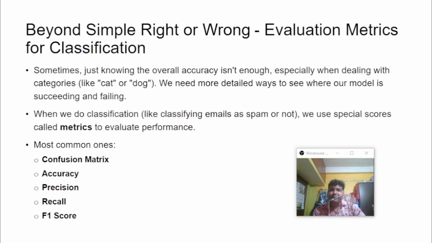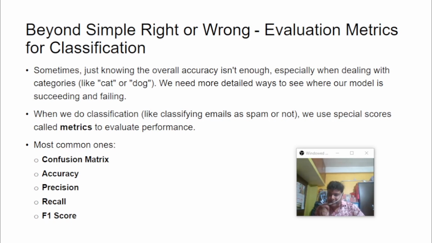Next, beyond simple right or wrong, evaluation metrics for classification. Sometimes just knowing the overall accuracy is not enough, especially when dealing with categories. We need more detailed ways to see where our model is succeeding and failing.